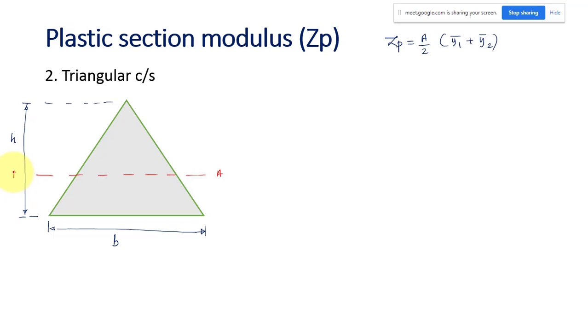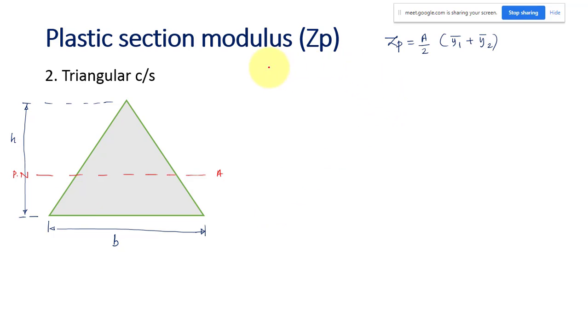In the elastic state the neutral axis will be at a height of h by 3, but in that case this area and this area are not the same. That is why we have to work out where it will be. It will not be at h by 3. If it is at h by 3, the area above the centroid and the area below the centroid are not equal.